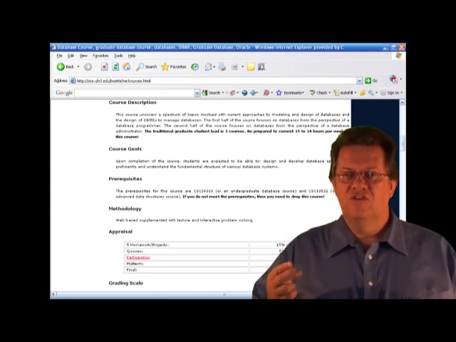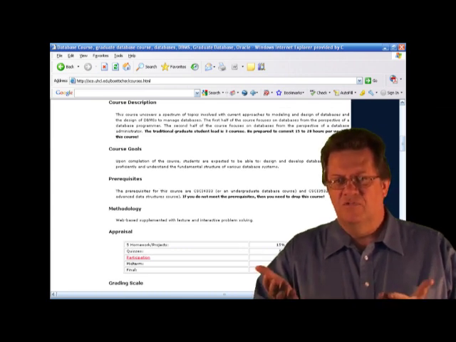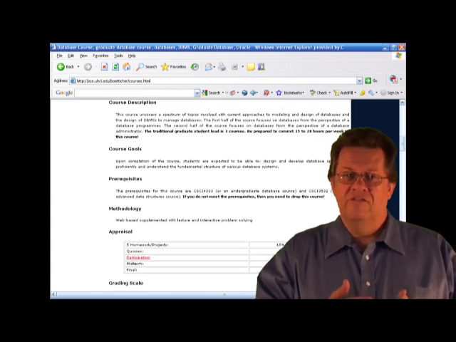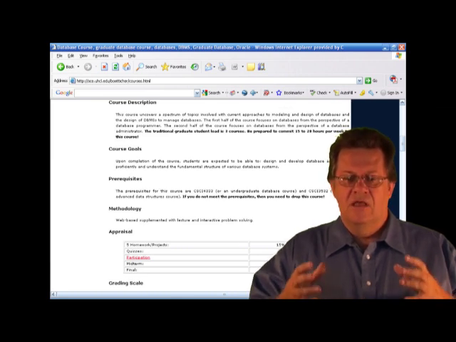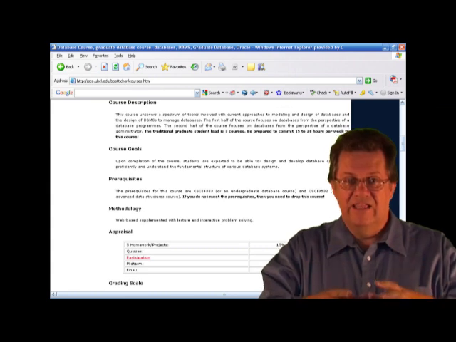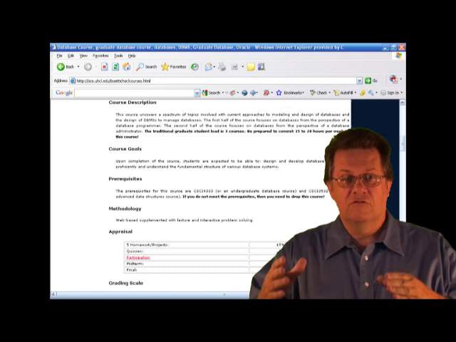Second thing is in terms of work expectations. Some graduate classes you can put in maybe 3 hours a week. This class is quite demanding, and it requires about 15 to 20 hours per week. One of the reasons I do that is because one of my goals is to help you succeed not only in this class and in the computer science program, but also in your career.